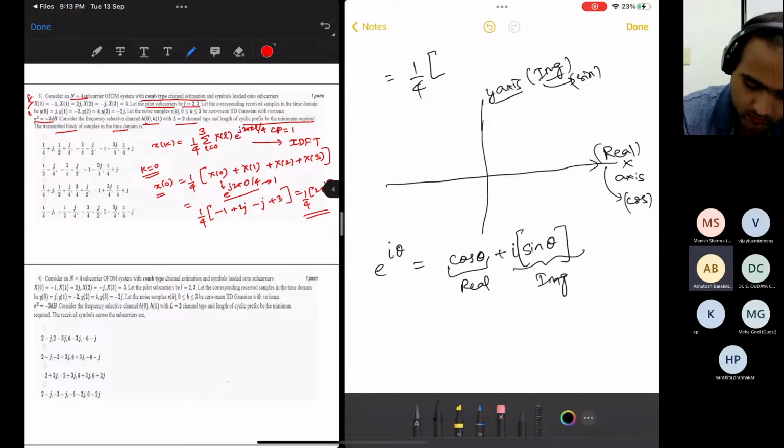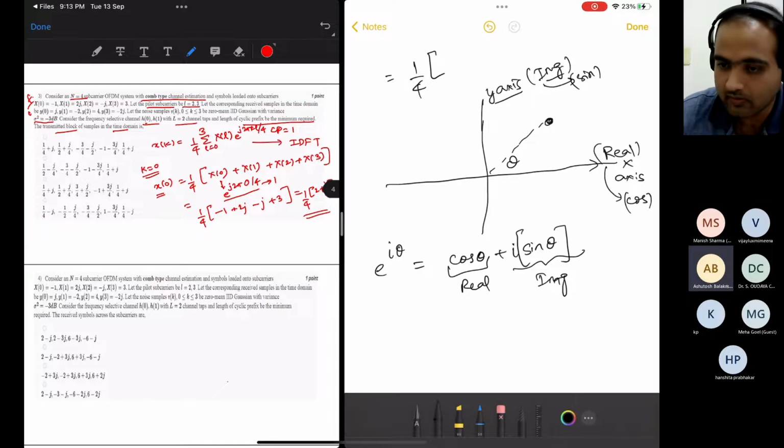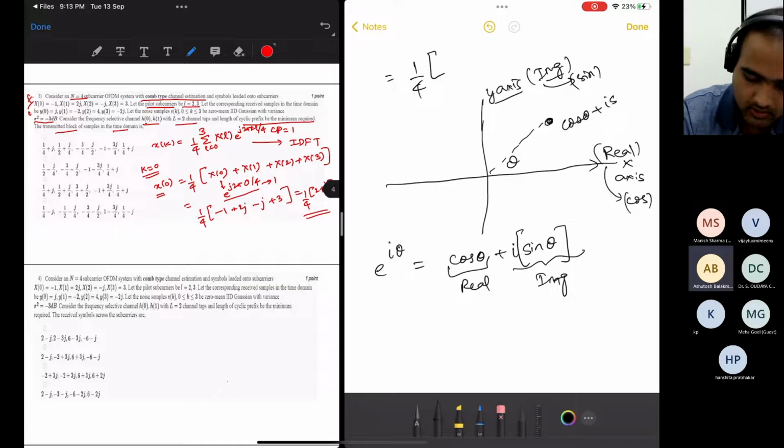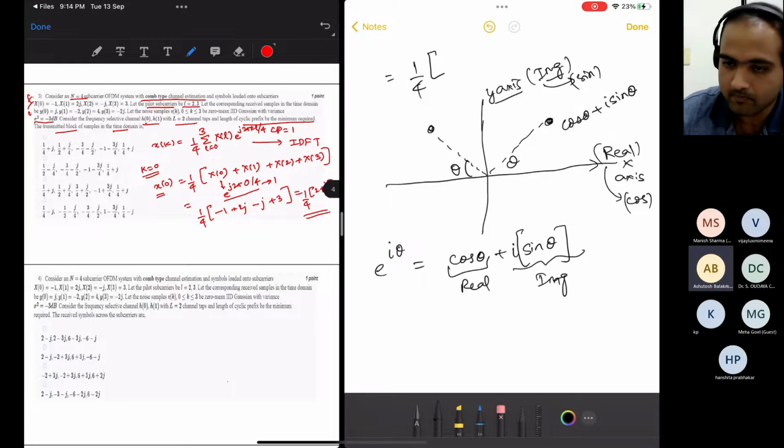Now for any arbitrary angle theta, at this axis it will be cos theta plus j times sin theta. Now, say theta is in the second quadrant, then what will happen? My x is now the minus x-axis, the negative x-axis.